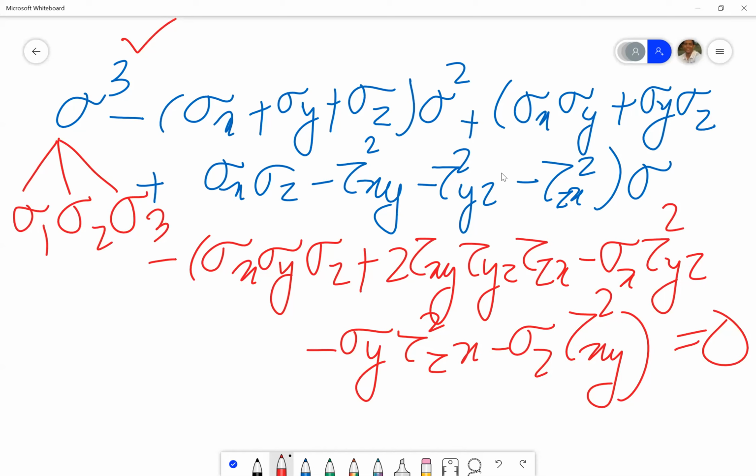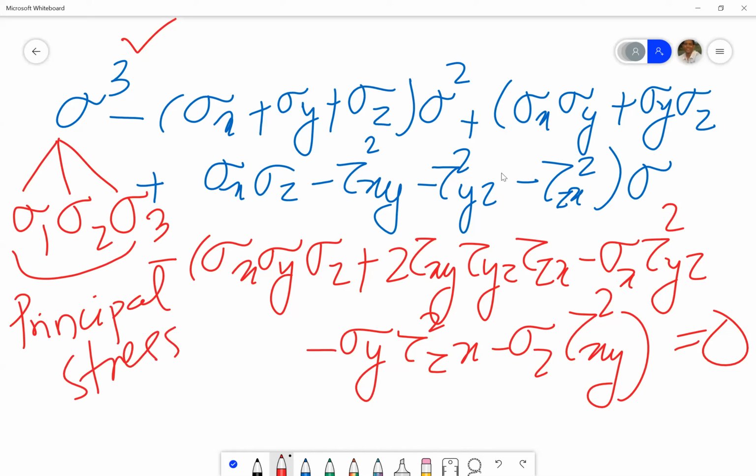So, to determine direction, there are the three principal stresses which can be calculated from this equation. We can also calculate the directions of these principal stresses.